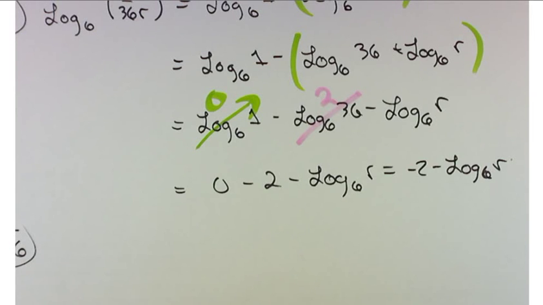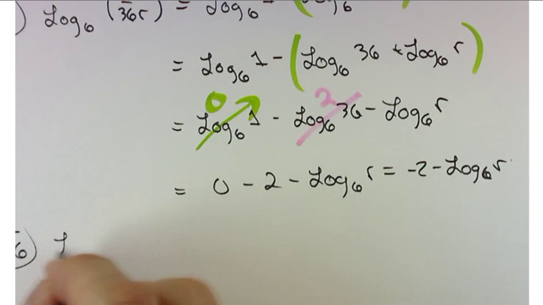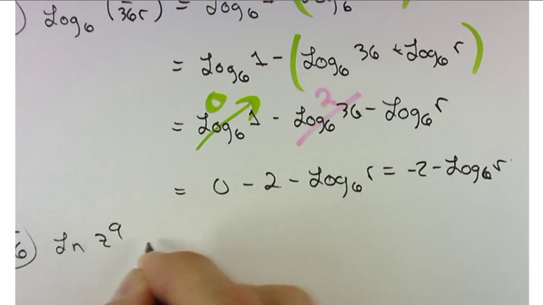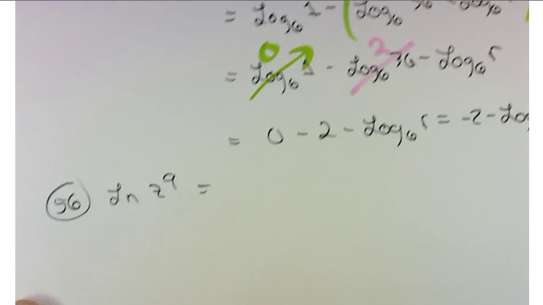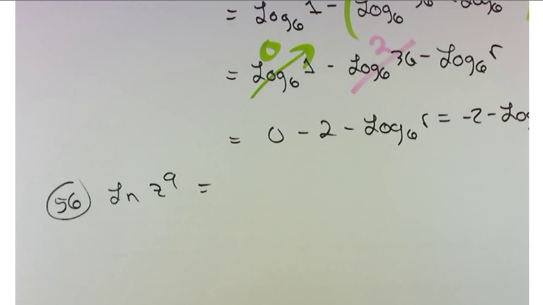So the ln of z to the 9th. Rachel, what would that give me, please? Maybe not 56. 52? 52.